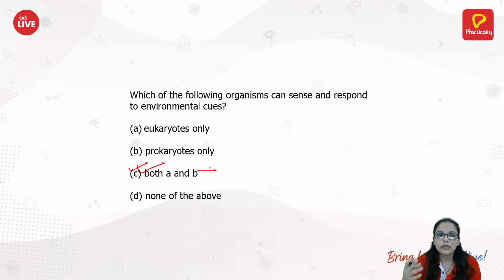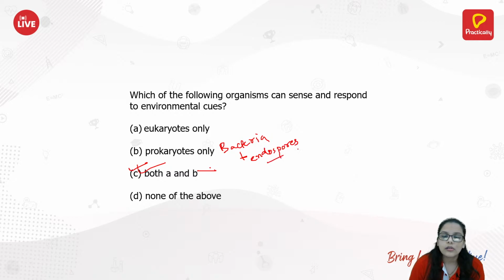Eukaryotes, as I said, move if there are predators around them. Prokaryotes such as bacteria, when they feel they have worse conditions to live in, become endospores. So both the organisms respond to external stimuli, and the answer is both A and B.